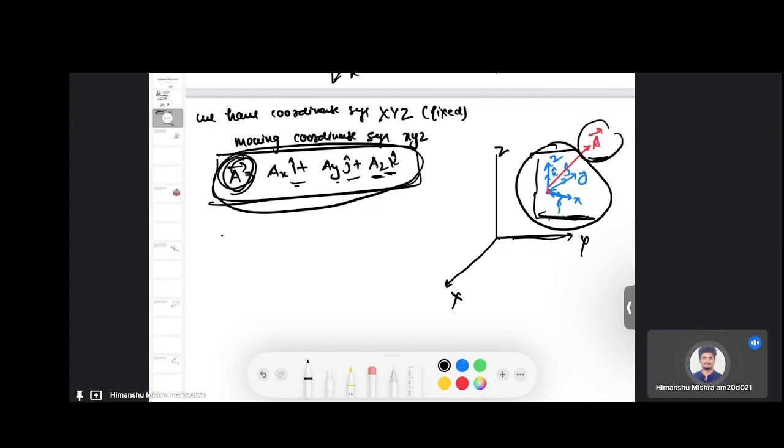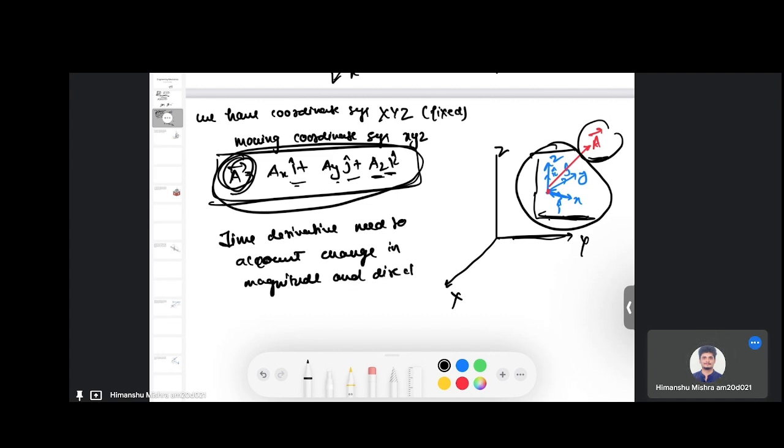So if the time derivative needs to account for change in magnitude and direction, right?